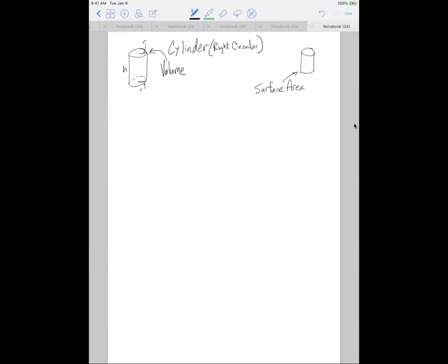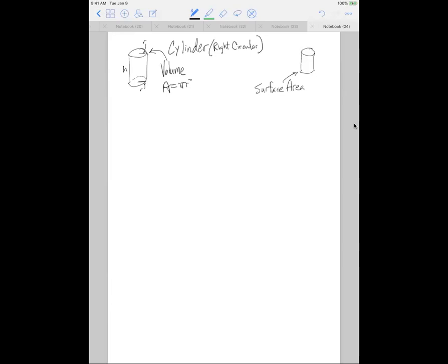So the whole idea, if you've got a cylinder of any sort, is that the volume is the area of the base times the height. In a box, it's length times width times height. In a circular cylinder, the area of the base is the area of the circle, times the height. Again, the area of the circle is equal to pi r squared.